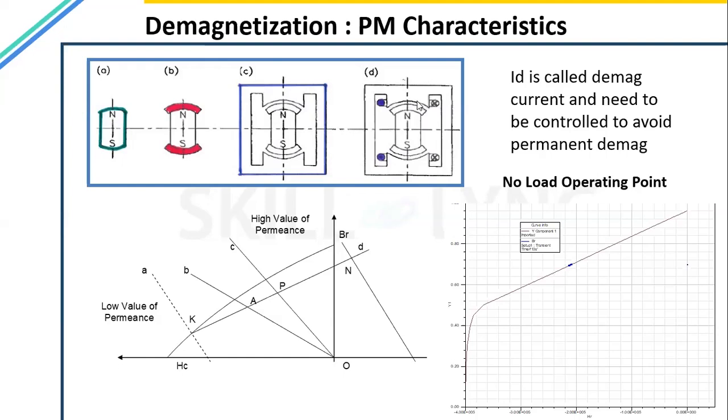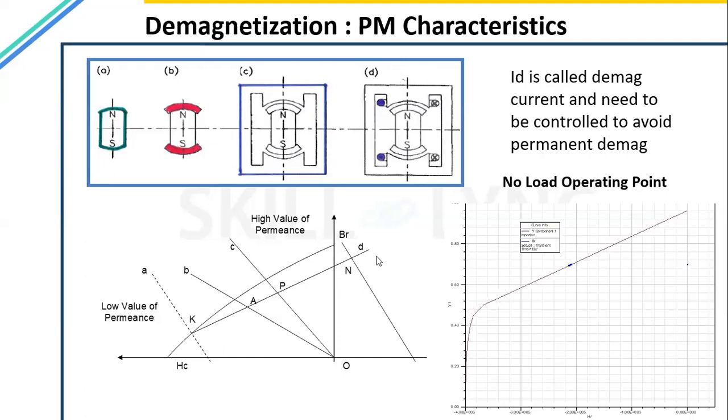So the demagnetization starts happening when we start creating such a field. You can see that we can correlate A, B, C, D, all these points marked here. When we are operating in an electric machine environment, you can see it starts demagnetizing and recoiling on this line.